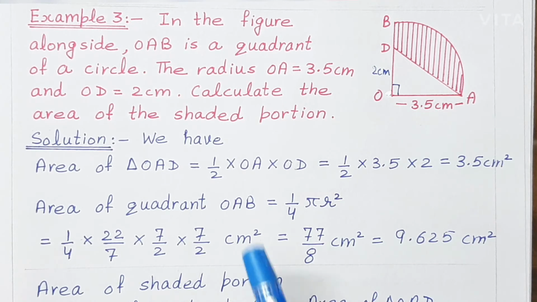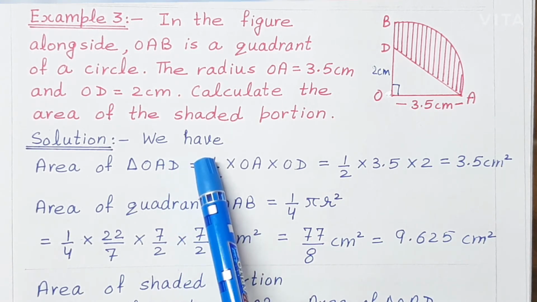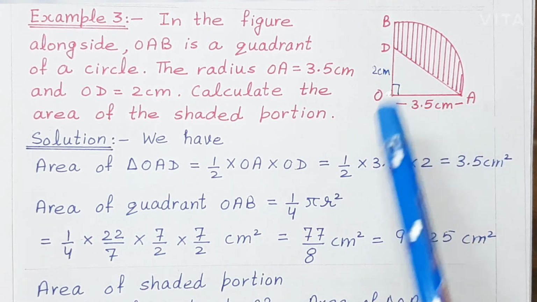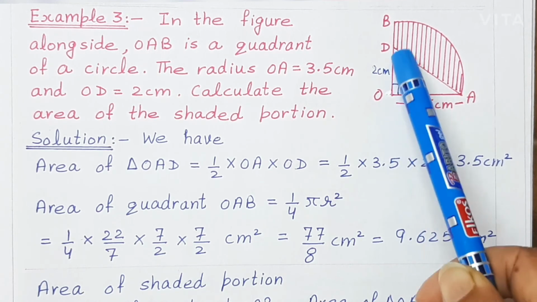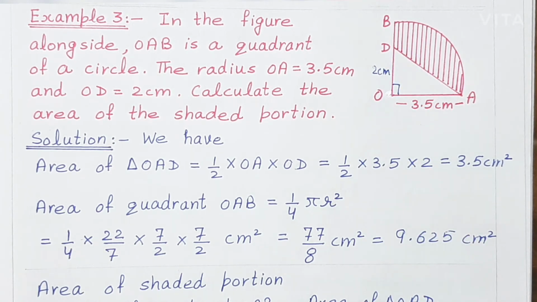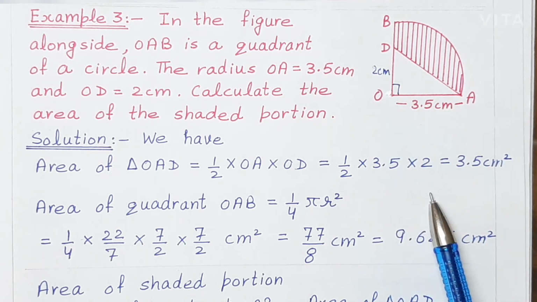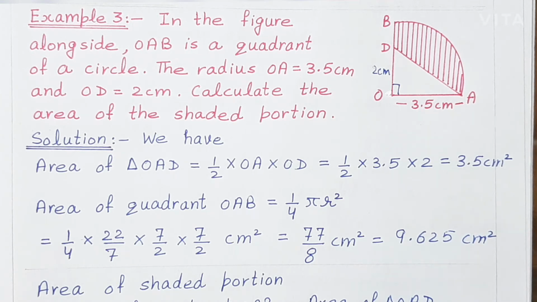So we have area of triangle OAD is half into OA into OD. That is half into 3.5 into 2 centimeter. That will come out to be 3.5 centimeter square.